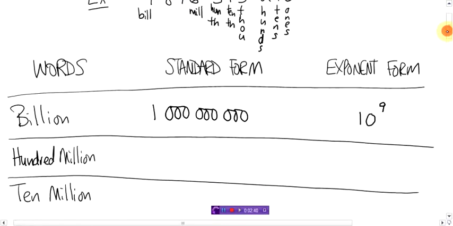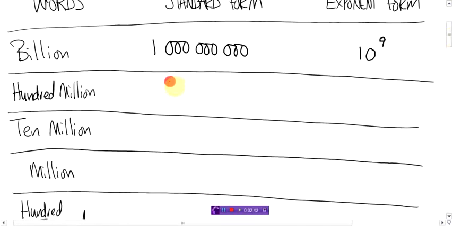What do you think 100 million is going to look like? Well, we'll just take one of these zeros away, and instead of 9 zeros, you're left with 8 zeros. Like that. 100 million.